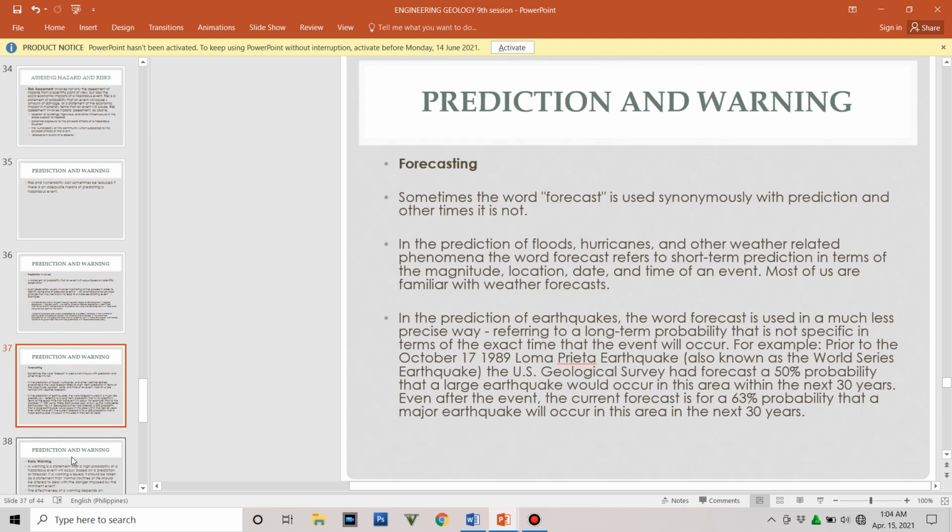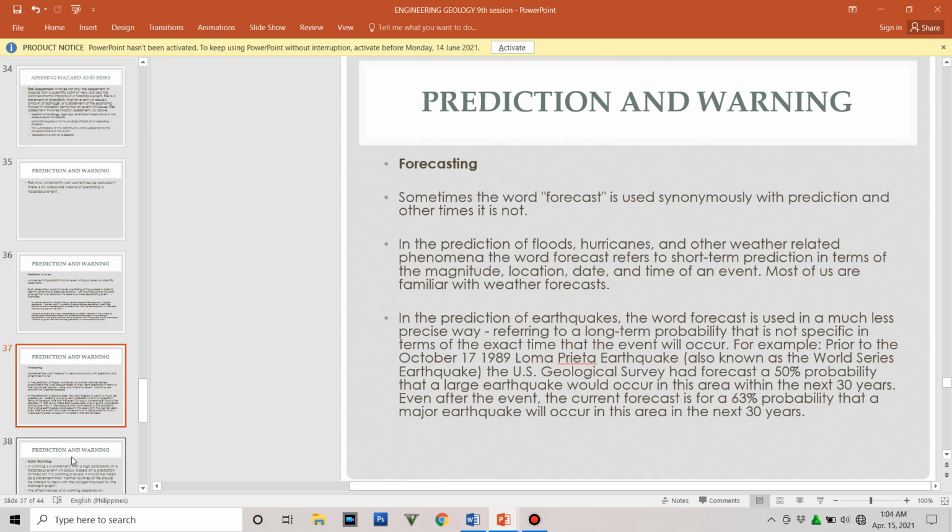Most of us are familiar with weather forecasts. So in the prediction of earthquakes, the word forecast is used in a much less precise way, referring to a long-term probability that is not specific in terms of the exact time that the event will occur.